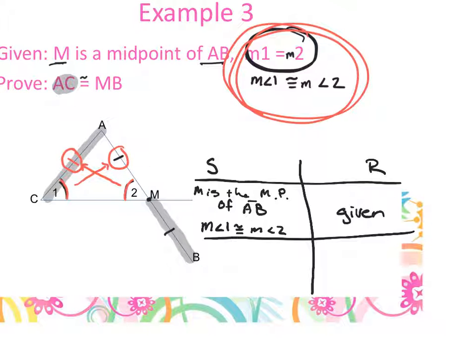Gio, what did you do next? What did you do at the beginning? You kind of started us off. Oh yeah, I said that AM is congruent to MB. And what was your reason? Definition of midpoint. Okay, midpoint. Then what did we do? Yes, ma'am?